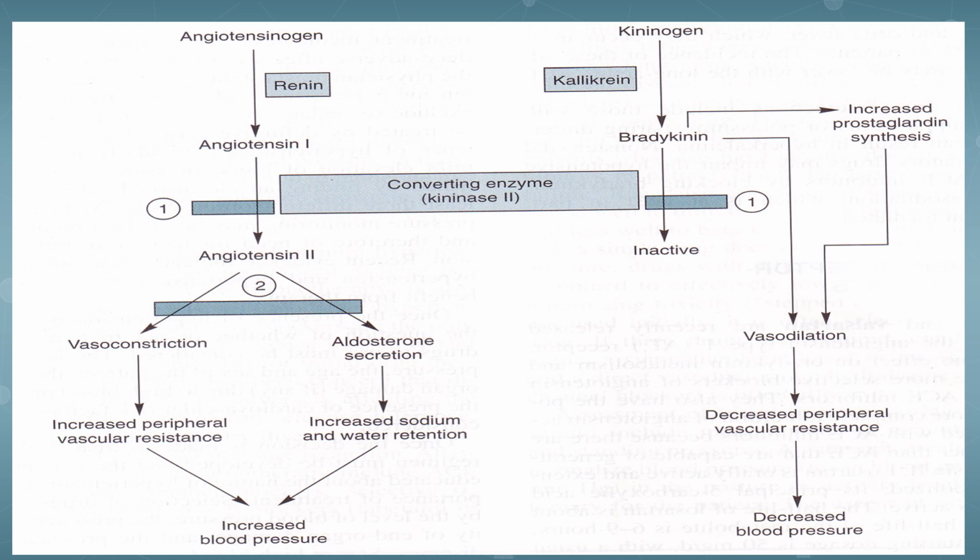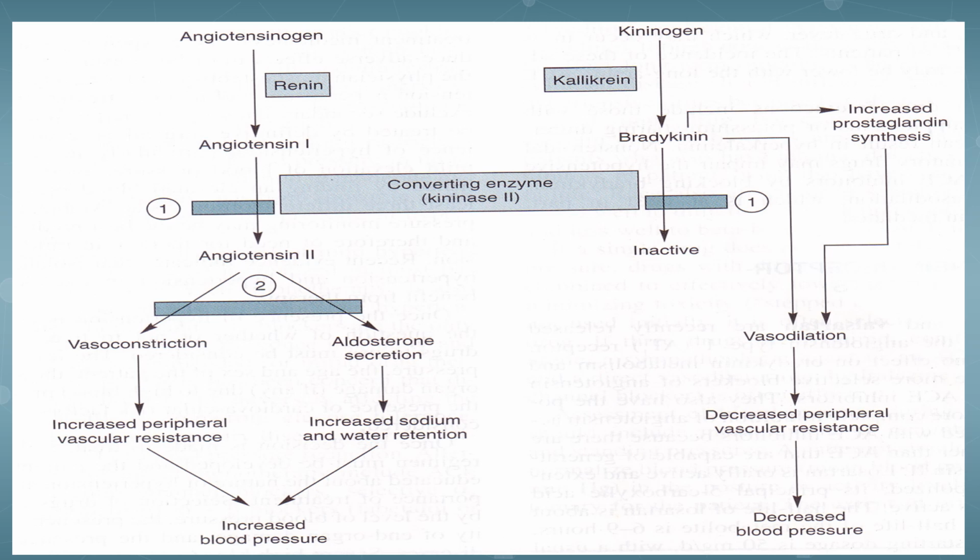Again, you can see the same diagrammatic representation here. What you are going to inhibit with ACE inhibitors is this angiotensin converting enzyme. Eventually it will also inhibit the vasoconstriction and the release of aldosterone. Naturally, the further impact of this angiotensin 2 is inhibited.